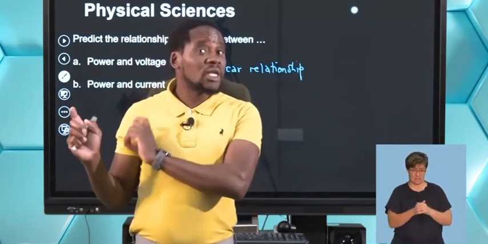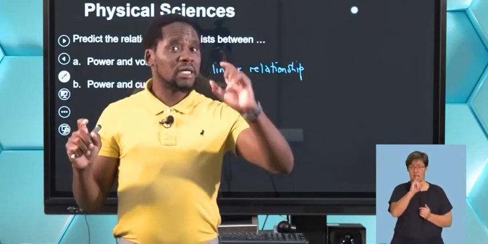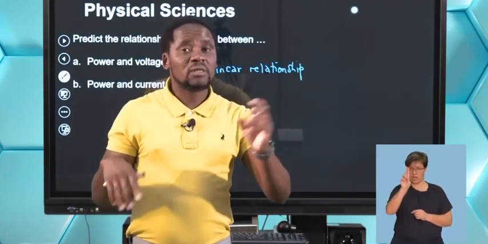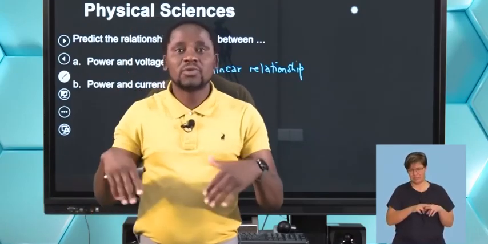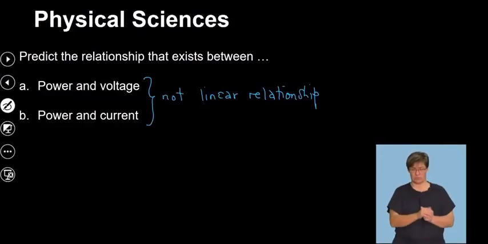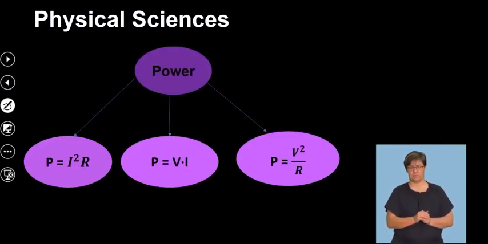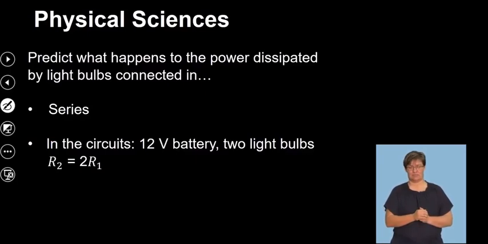The moment we say current squared, voltage squared, the proportion doesn't remain the same. It becomes a curve of some sort, as we have shown earlier. That's basically how we put an understanding behind the three formulae that we use to determine the power of a device.